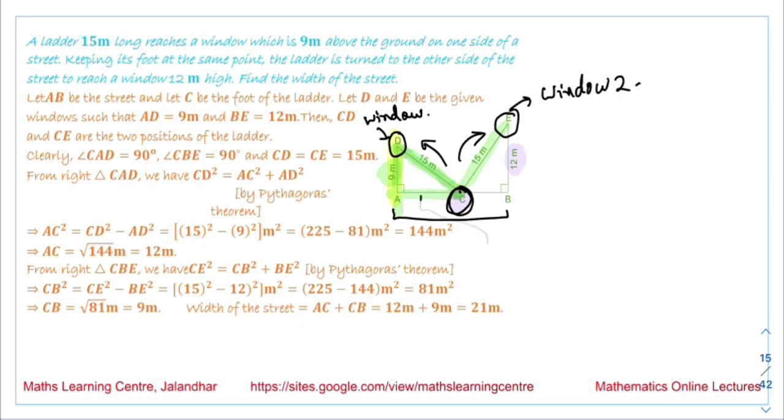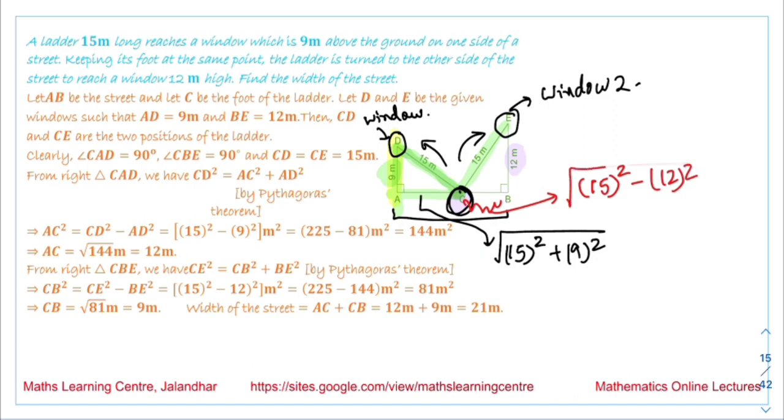So in this triangle we can calculate the value of AC, that is square root of 15 square minus 9 square. In the first formula also, it is not a plus sign over here, it is a minus sign.